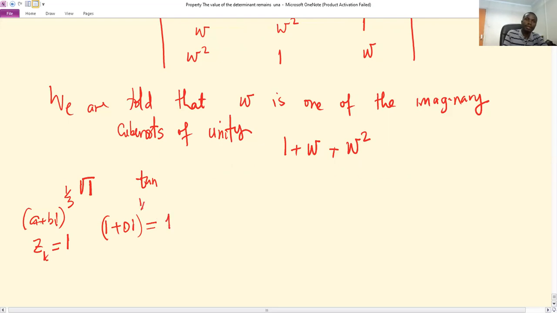Saying raised to the power one third is the same as raising this one to the power one third. The angle is tan inverse of b over a, so 0 over 1 is tan inverse of 0. So this angle gives cosine theta plus i sine theta.